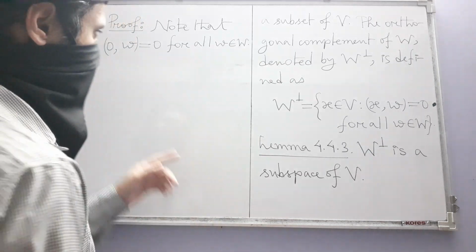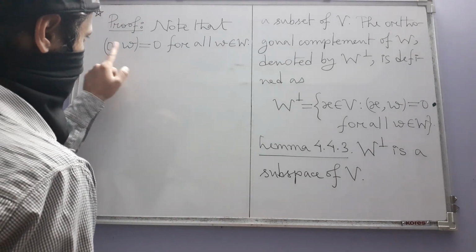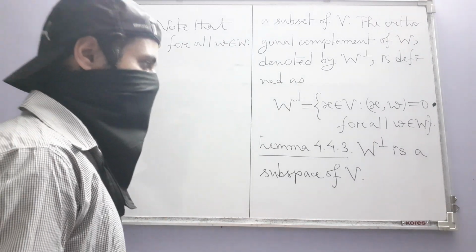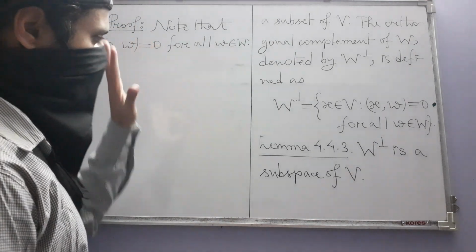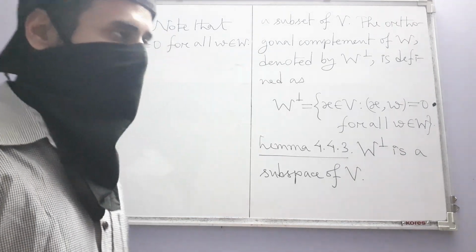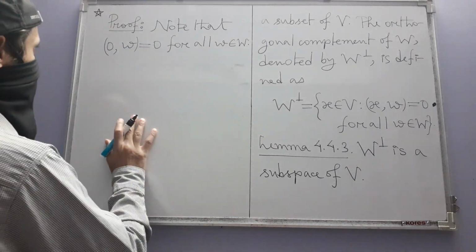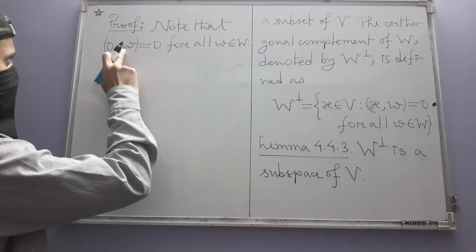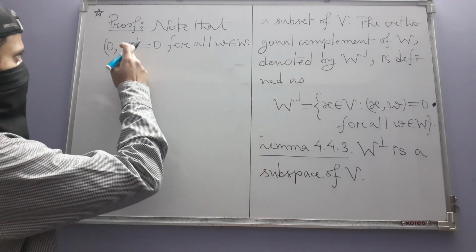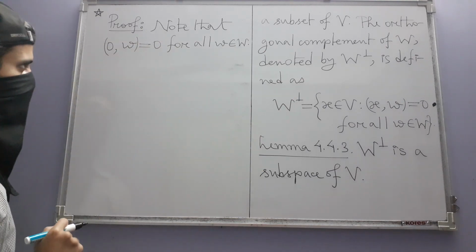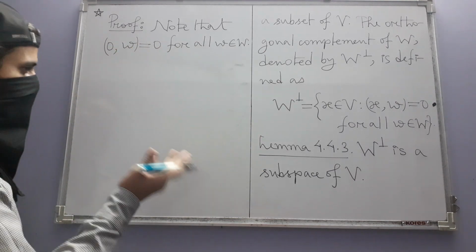After that definition itself, we saw that if we take the inner product of two vectors in an inner product space and one of them is 0, then the inner product value has to be 0. And this is regardless of what w is. You can in fact take any vector from V, this is going to be 0. Now this condition tells us what?